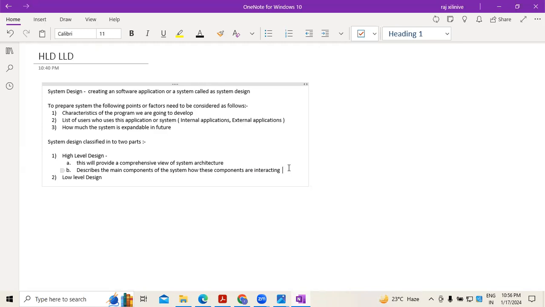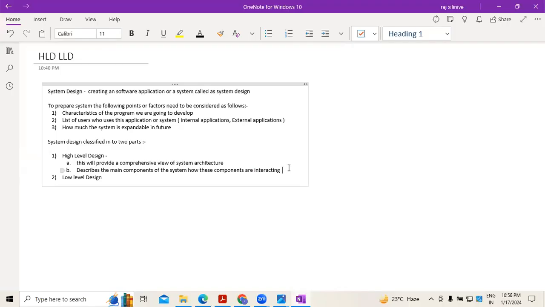At the same time, it also describes the different components we are using in the system and how these components are interacting with one another, because there are multiple components when we are developing the application. So we have to know how these components interact, and we need to design that whenever we are working on the high level design.